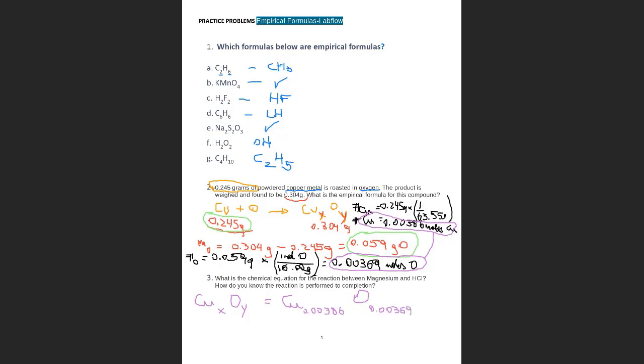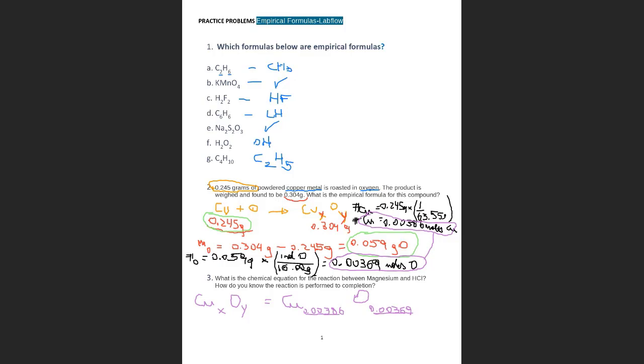But because we need whole numbers, that's the last step. The last step is dividing both numbers by the smallest number.